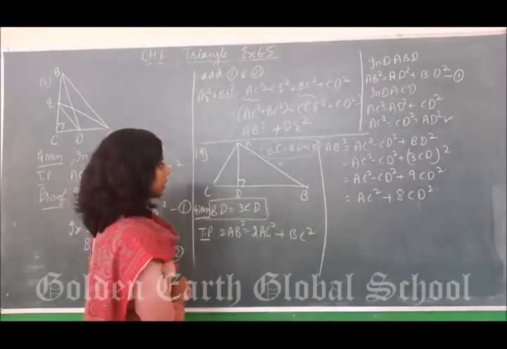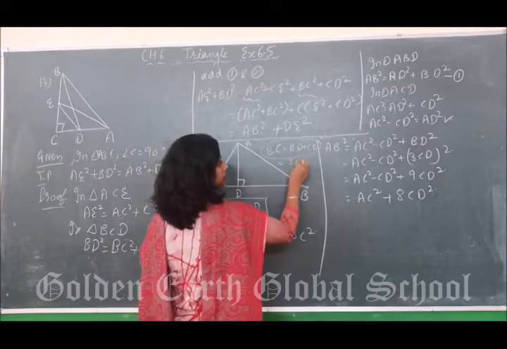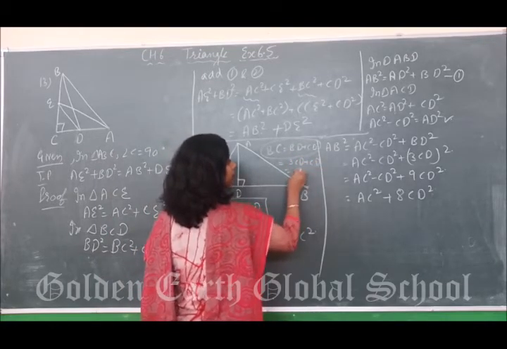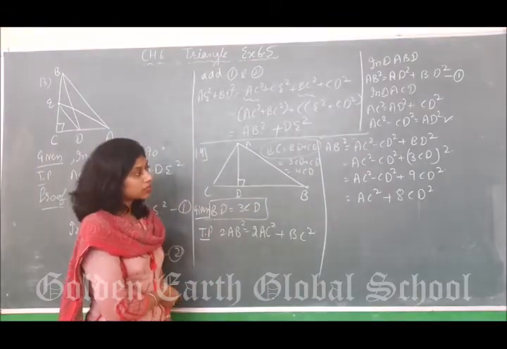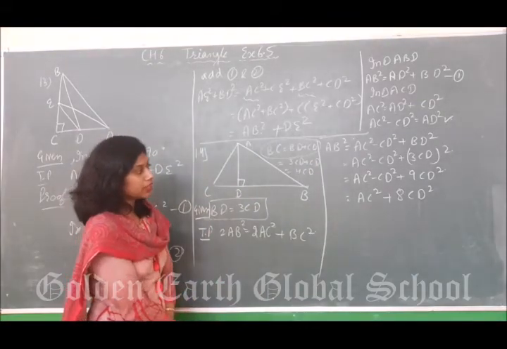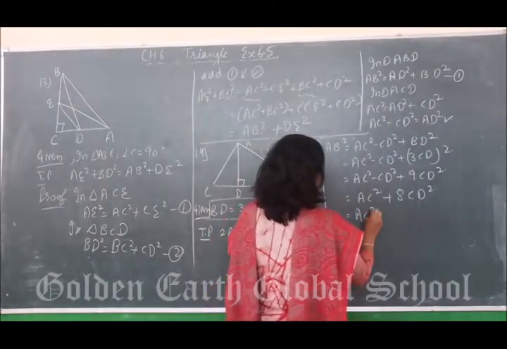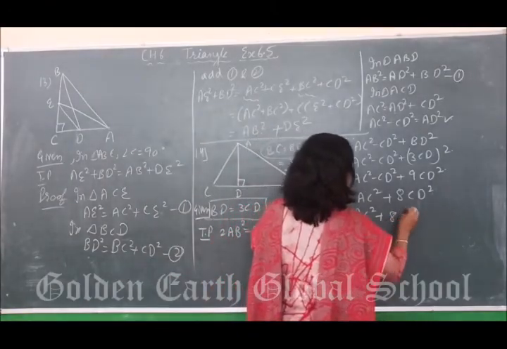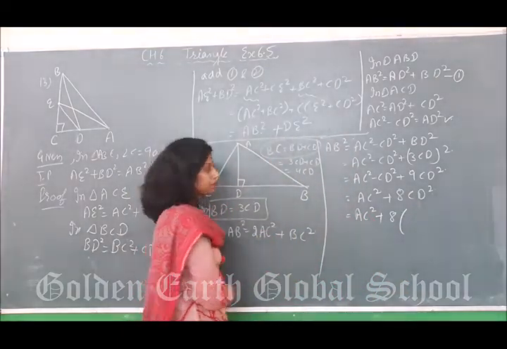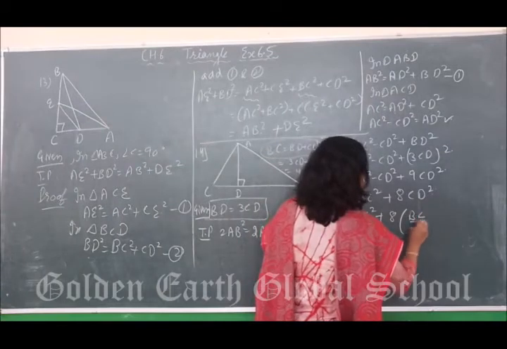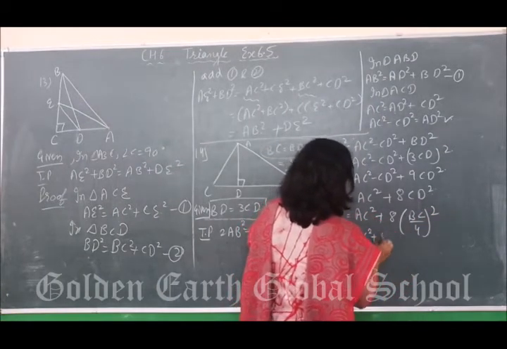So BD is 3CD plus CD, so 4CD. BC is equals to 4CD. So replace it here. CD is BC by 4. Simplify it, we will get the result.